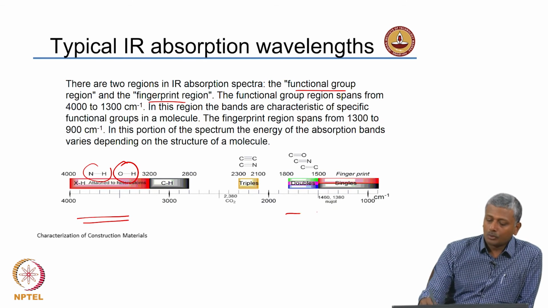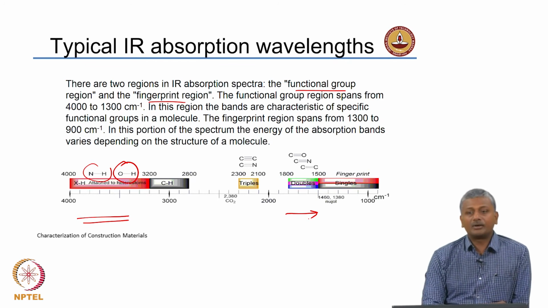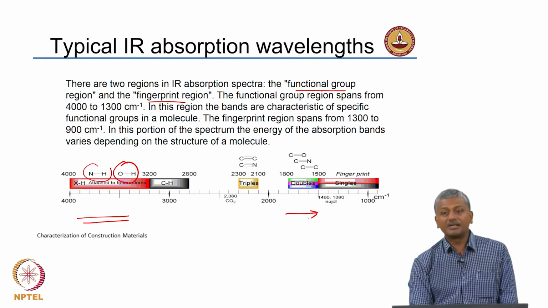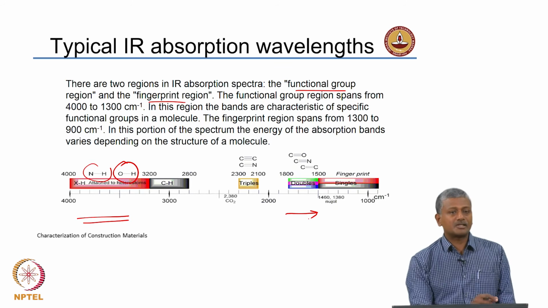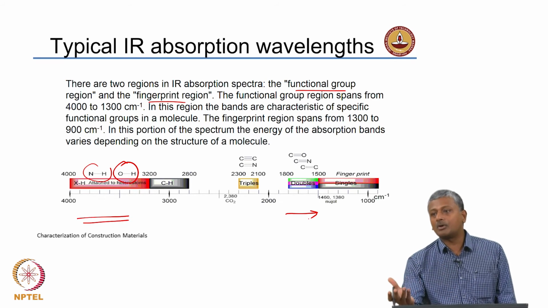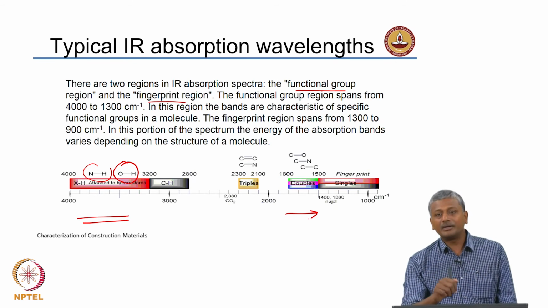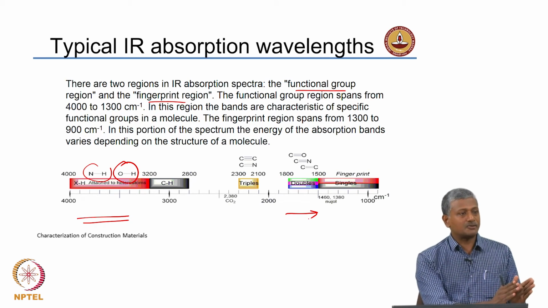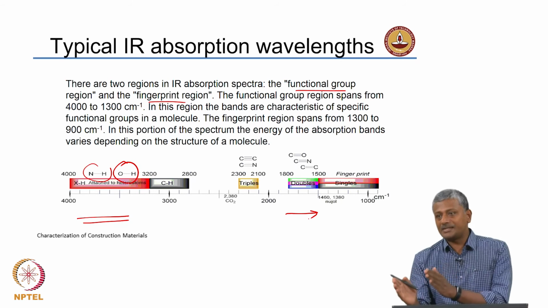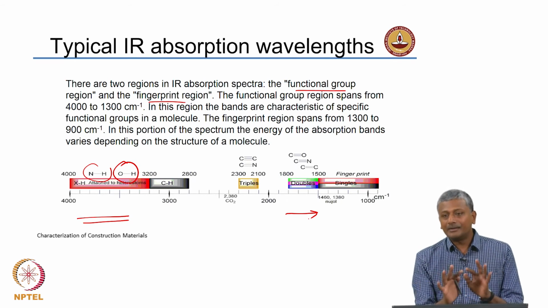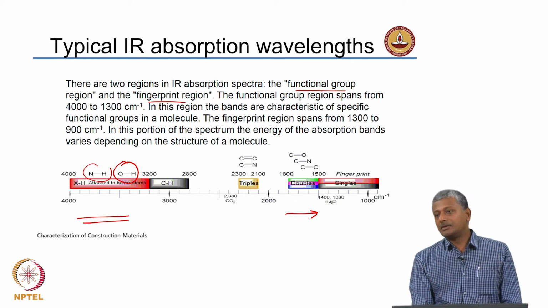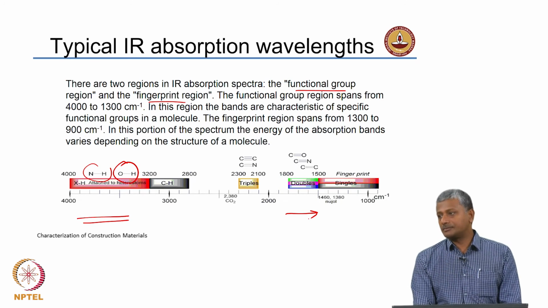On the other hand, when you go towards the lower end of the wave number, what you get are the fingerprint, which essentially corresponds to the presence of single bond or double bond or triple bonded systems. Based on the specific sets of wave numbers at which you get these transitions, you can then approximately estimate the composition of your structure of the material.